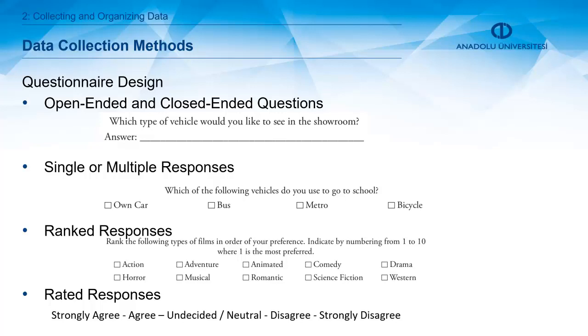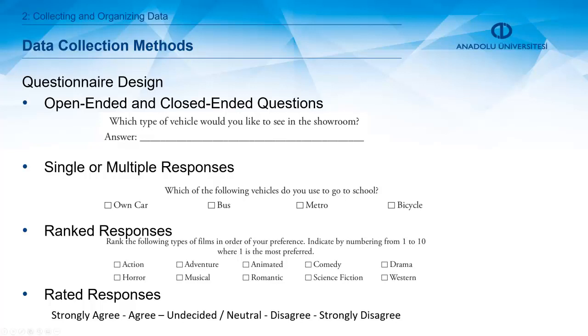What you do here is ask a question and let the person give their answer freely. It will take time to analyze these kinds of questions because people will write the same situation in many different styles, so you have to understand what is going on. So these questions are very good to collect data, but the analysis takes time.